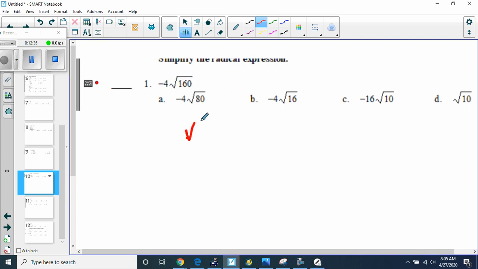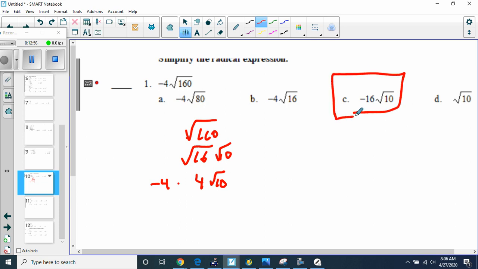I need to break up the 160. Hopefully you can see that that's just 16 times 10. And this is going to turn into 4 radical 10. However, I have this -4 out front here. I need to multiply it with that. So it's going to turn into -16 radical 10.